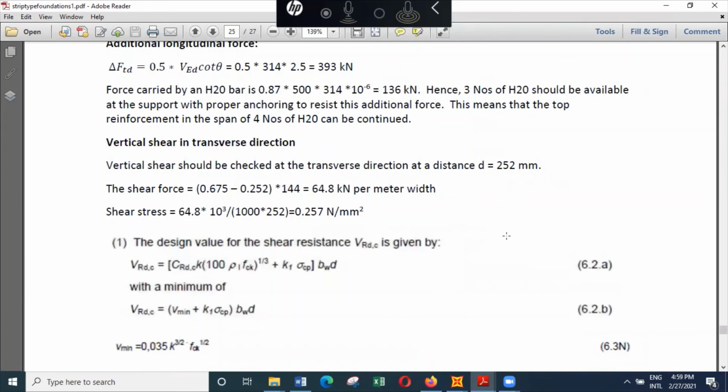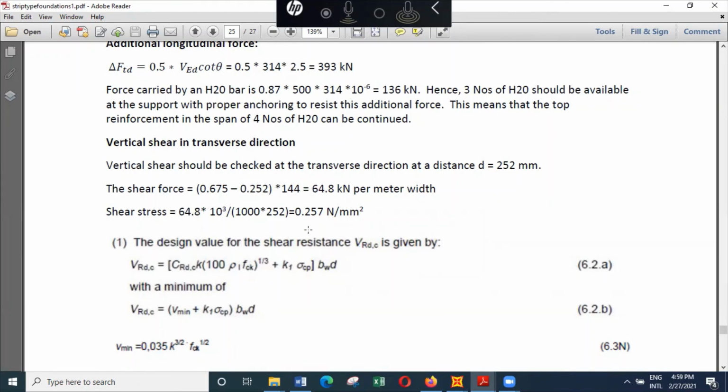So with the flange, vertical shear in transverse direction, here you can see the shear force is 0.675 minus 0.252 into 144. That is 60.9. I have got it as 64.8, which is slightly higher.